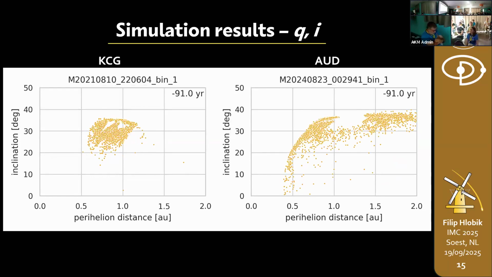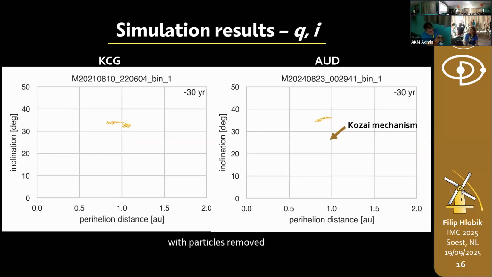Oh, yeah, it's there. And after removing the particles which experience the close encounter, we can also see the quasi-Kozai mechanism for the August Draconids. And the inclination is dropping from the initial inclination of about 35 degrees down to roughly 10 degrees in 1,000 years.